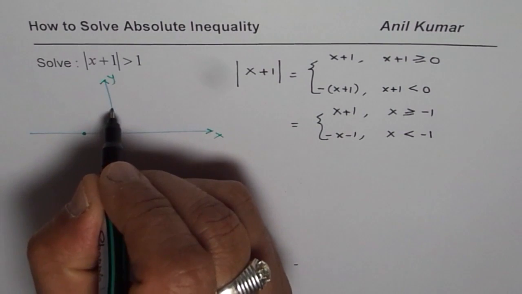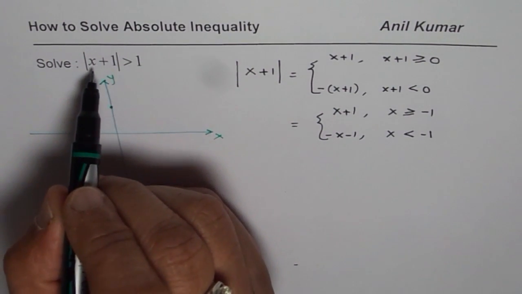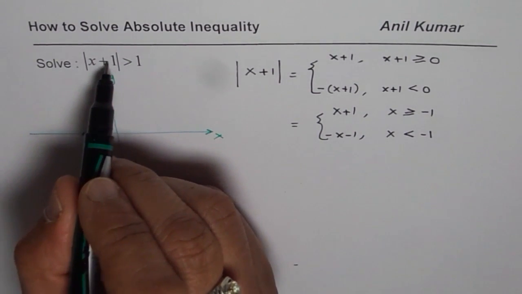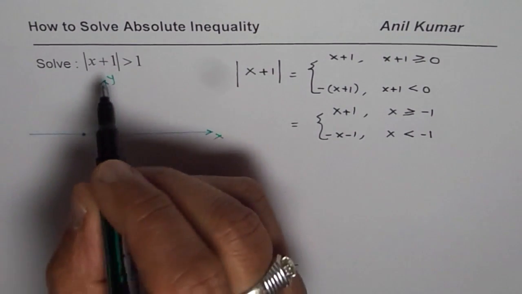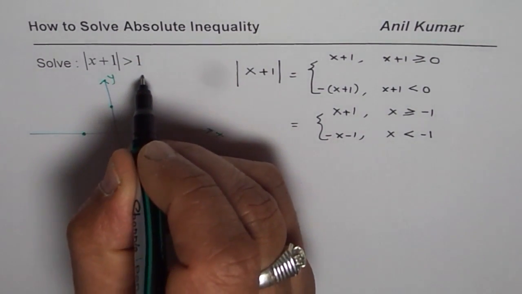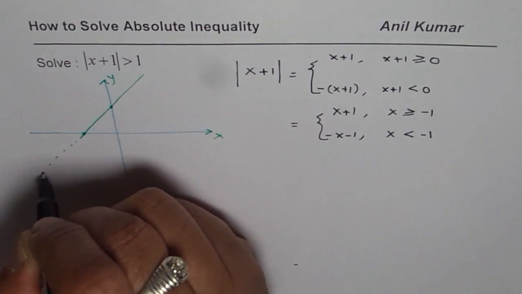So this is 1 for us. Now we can also graph it by making use of the line x plus 1. X plus 1 means y-intercept of 1, slope of 1, right? So positive slope. So basically it is a straight line going like this.